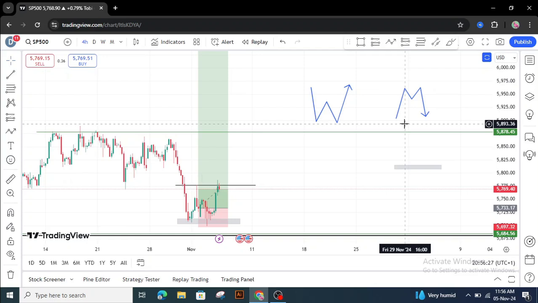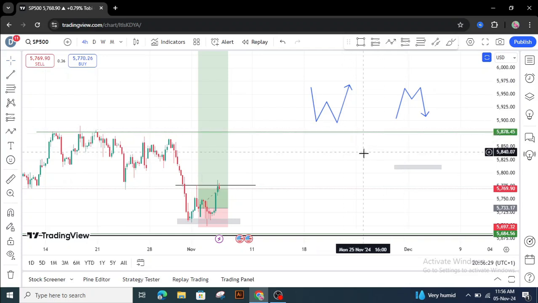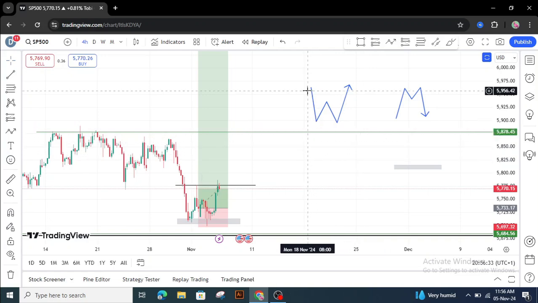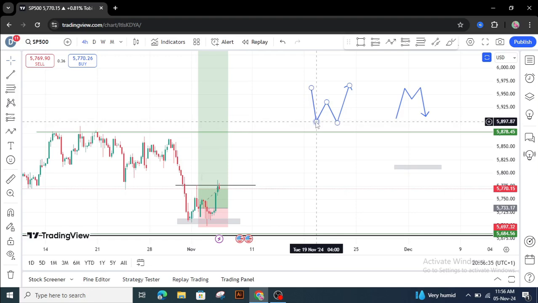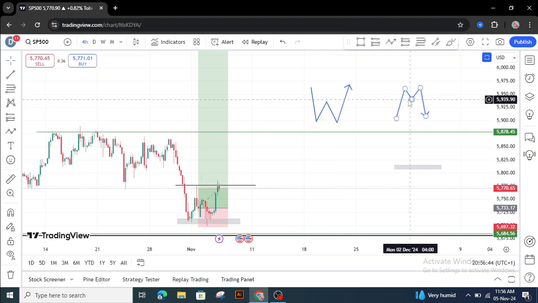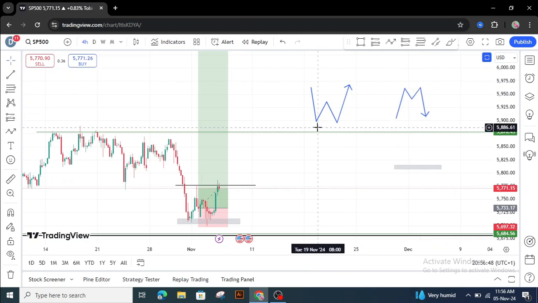But let me first of all talk about the psychology behind these patterns before we proceed. You see, when price got to this level, basically what it means is this: price got to this level the first time, and it got there the second time. In the case of double tops, it got here the first time, and got here the second time. So let's start with this first one. When price got here the first time, you don't know what is actually going on yet.